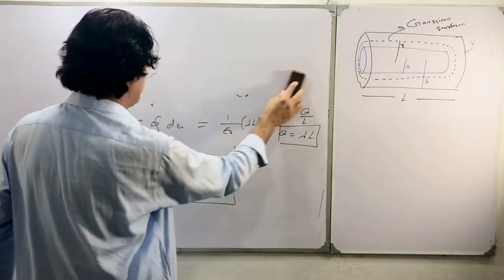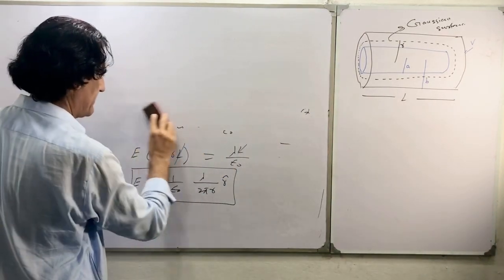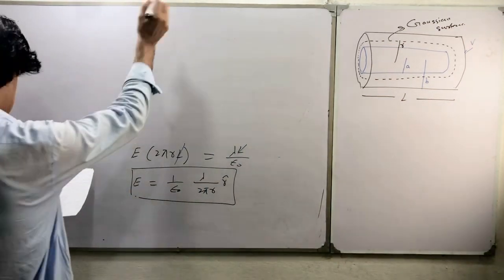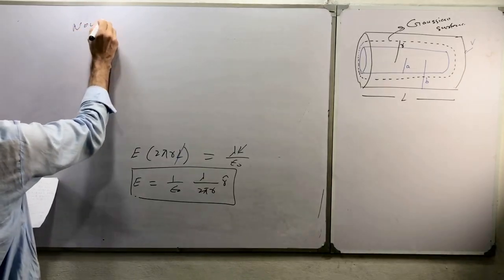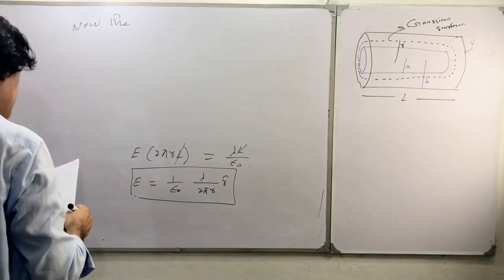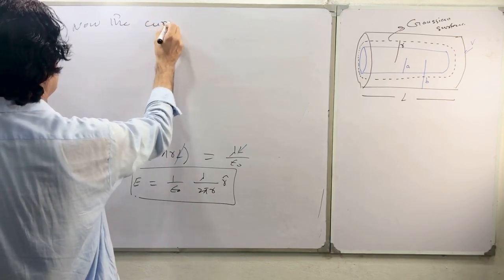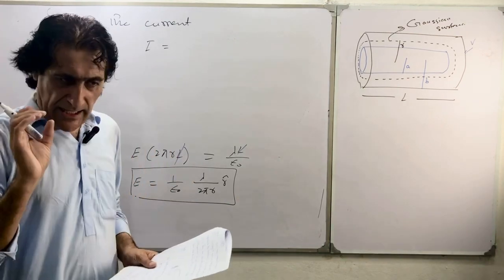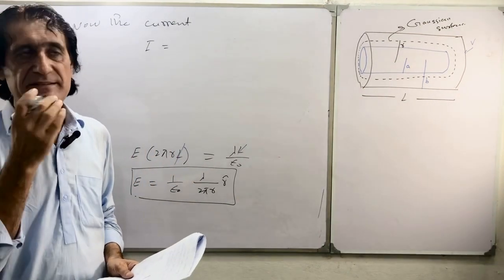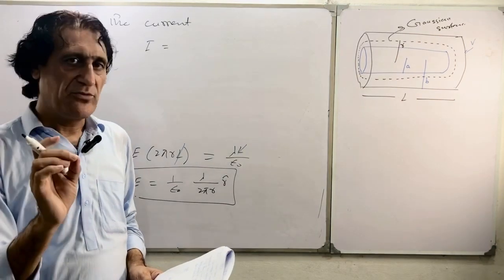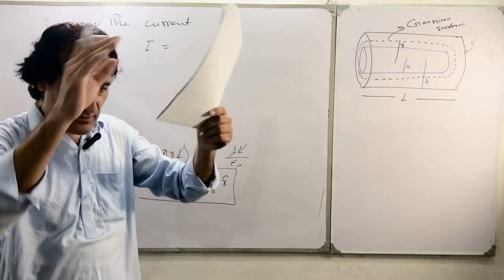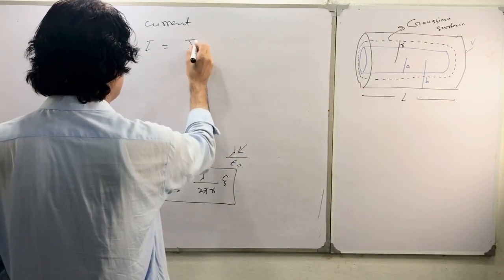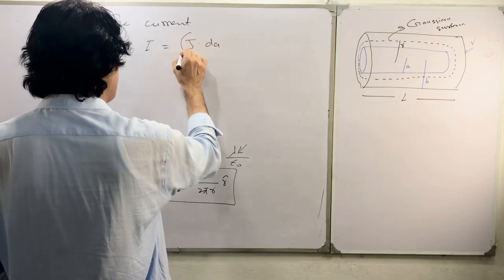Now what is the current? The current through this configuration: current density is defined as current per unit area, but for the whole system, I can write the current as the integral of J dot dA.